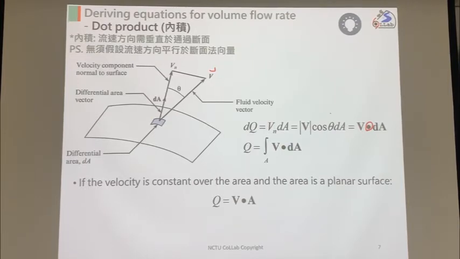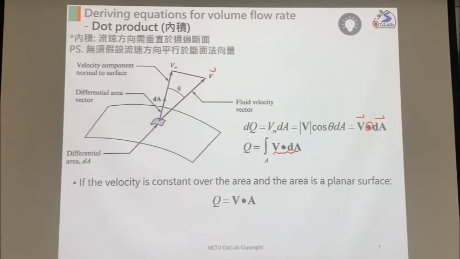The velocity vector applies the dot product with the small cross-section area vector, and then we don't need to consider whether the velocity direction is parallel to the normal vector, because we apply the dot product operator.